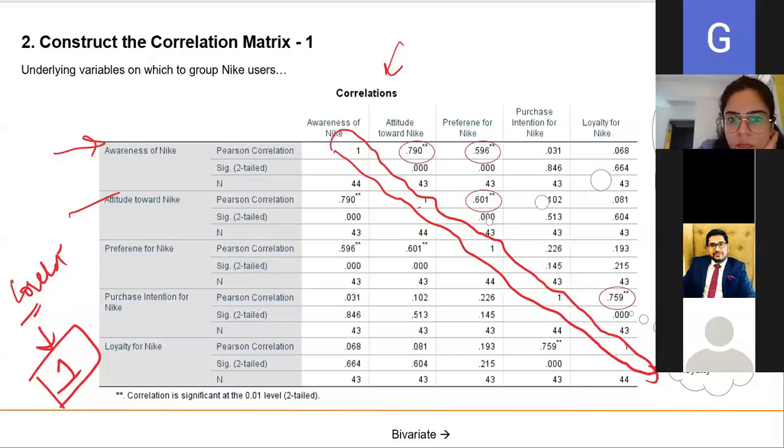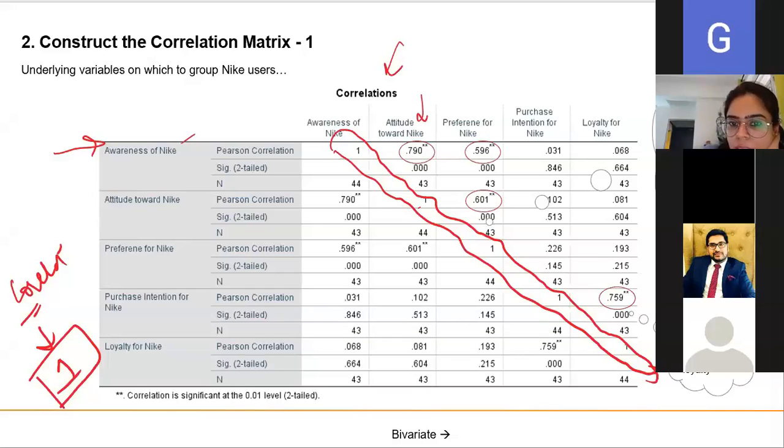So let's see here. Awareness is correlated with whom? If I check awareness, just check this row and these columns. Awareness is correlated with, which ones are more than 0.5?